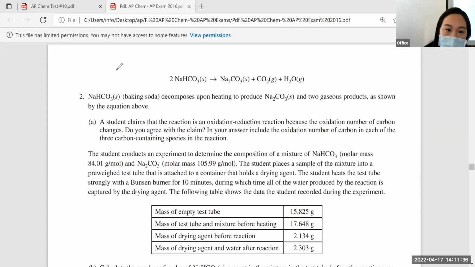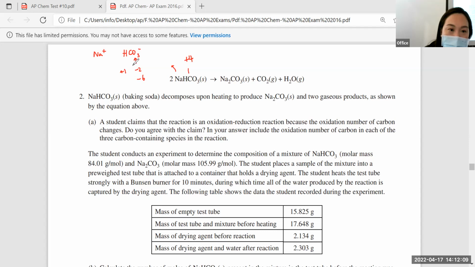We know that this is Na+ and HCO3-. Oxygen is -2, which gives me overall -6. Hydrogen is +1. Sorry, carbon is +4.